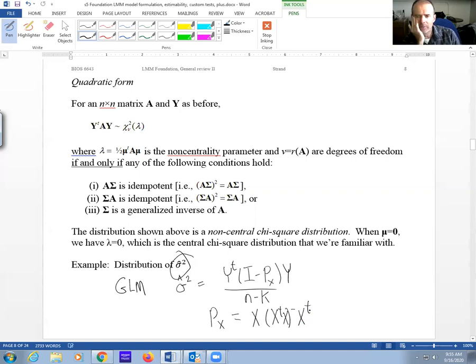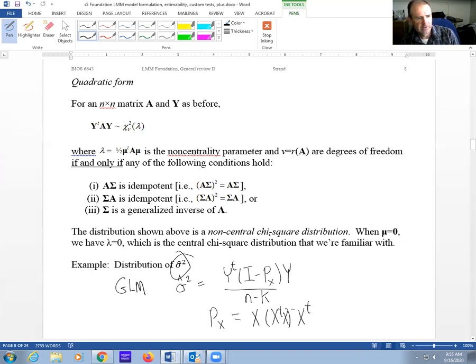So you may have heard the name hat matrix, and it could be an H. I call it the projection matrix. I like that name because what you're doing is projecting onto the column space of X. So I like that interpretation of it. But you can see this as a quadratic form.